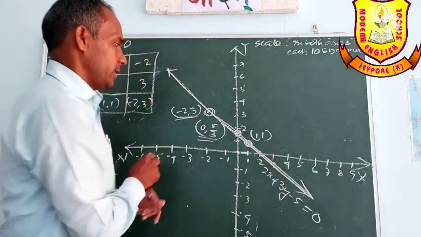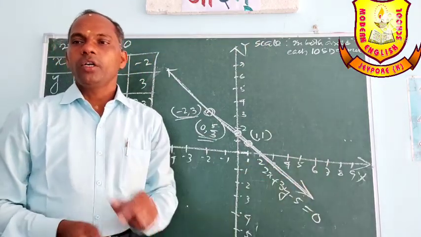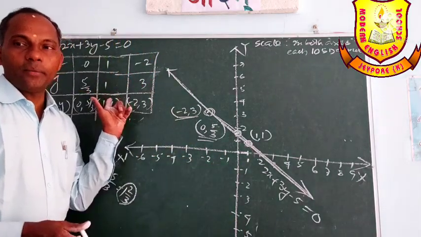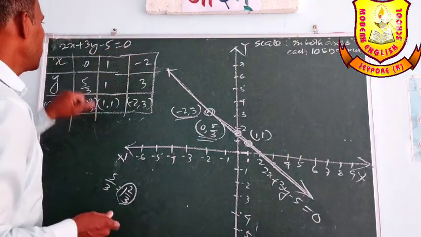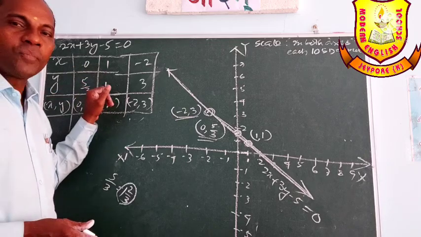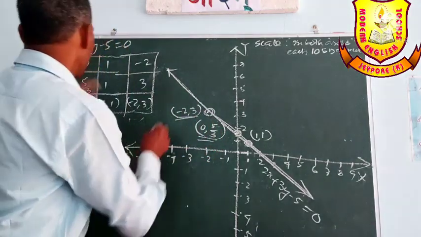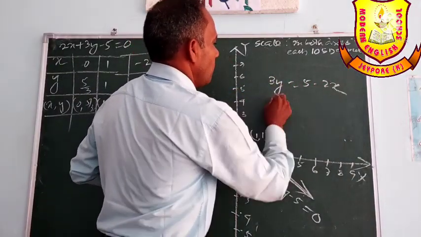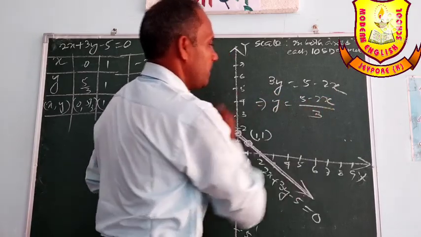Here we got this. And how can we represent it in a graph? That part you also understood. And how to find the solution I have also told you. Again here, 2x plus 3y minus 5 equal to 0. For any value of x we get the value of y. We took 3y equal to 5 minus 2x, implies y equal to (5 minus 2x) by 3.